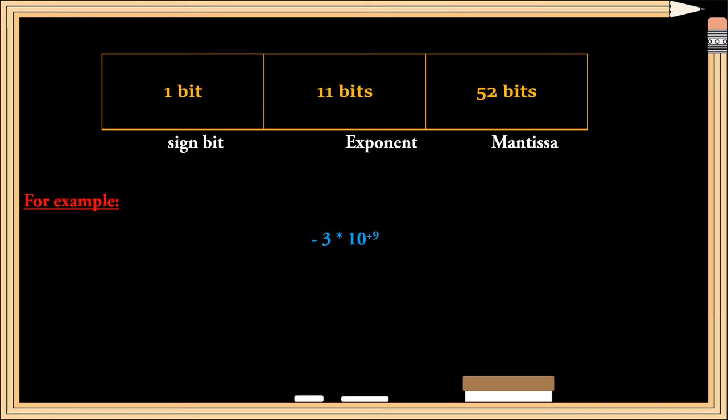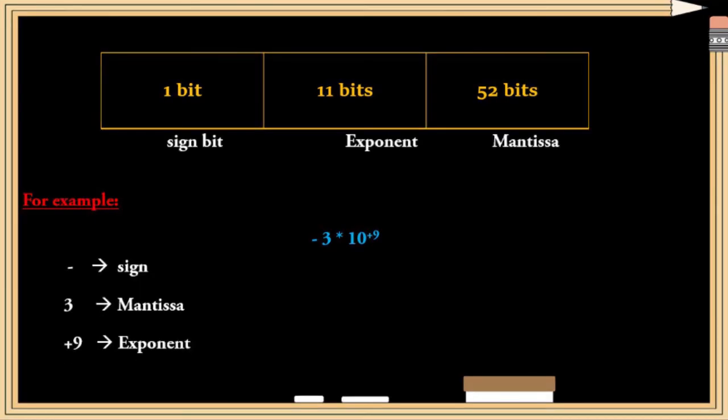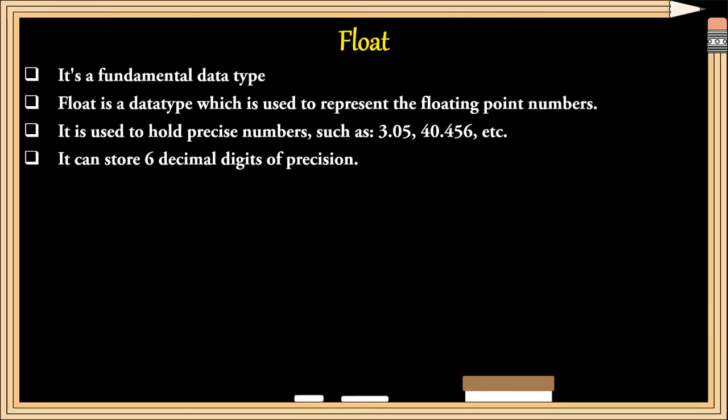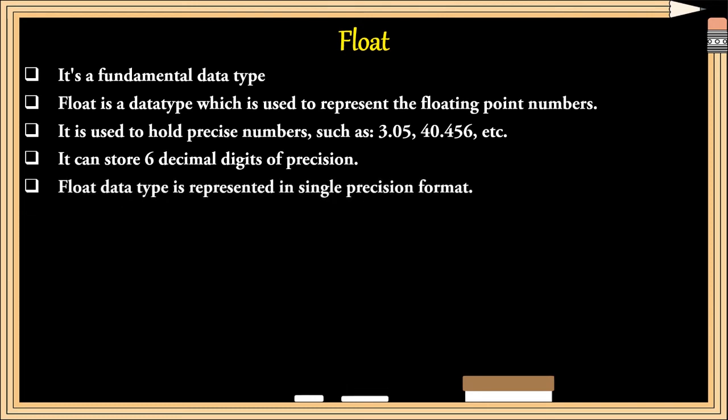Here the negative sign takes 1 bit, 3 is the mantissa part, and the exponent is plus 9. This is an example of how you can easily understand the sign bit, exponent and mantissa. And the float data type is represented in single precision format.